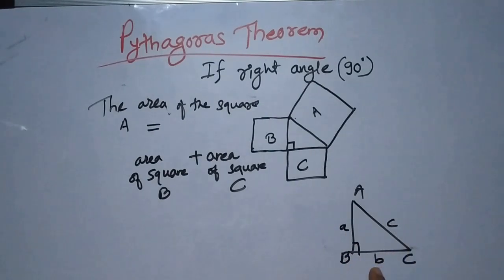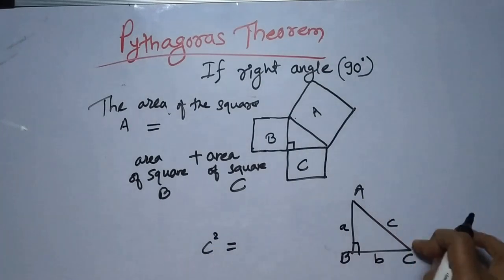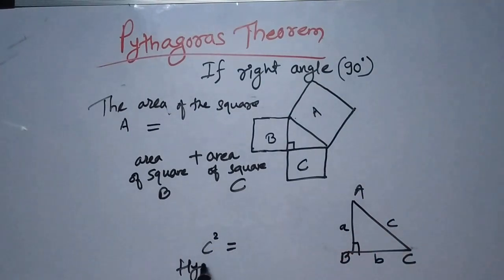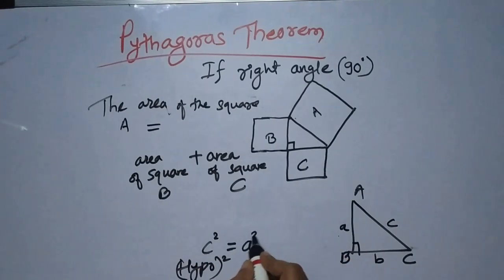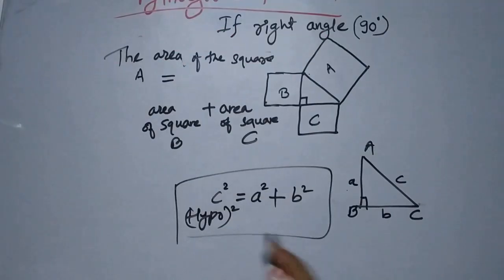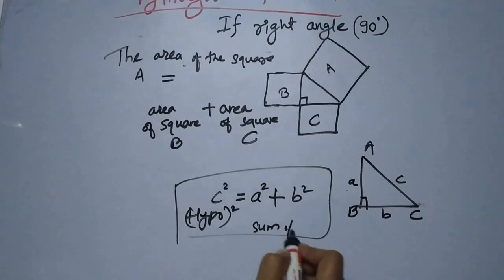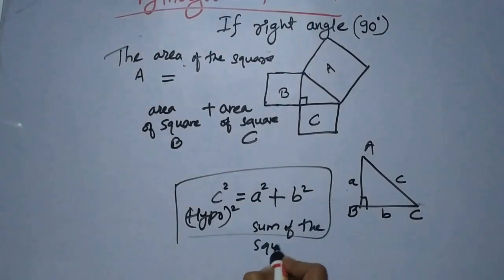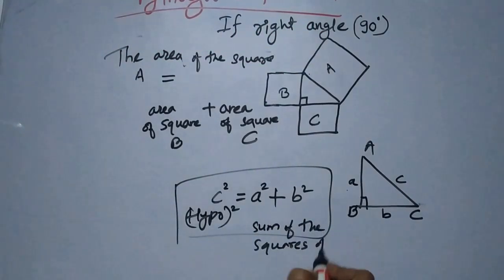So friends, in this triangle you can say C square, which is the hypotenuse square. C square is what, friends? This is the hypotenuse. You can write hypotenuse square is equal to this side A square plus B square, meaning the sum of the squares of the remaining sides.